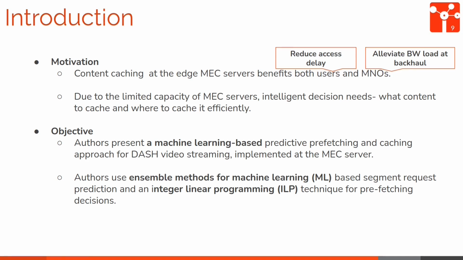But caching video content at the MEC has a drawback due to the limited capacity of the MEC server. So an intelligent decision is needed on what type of content to cache and where to cache it effectively.